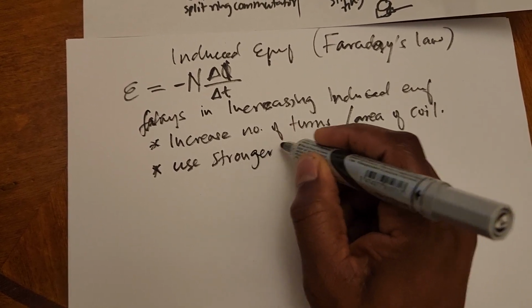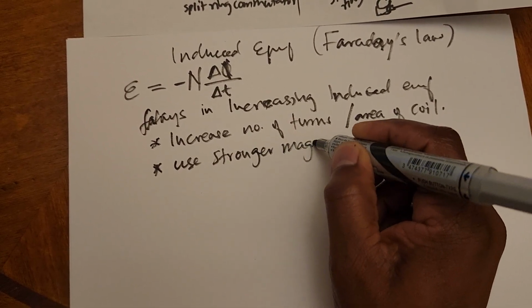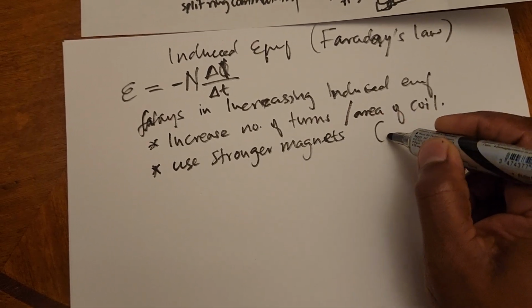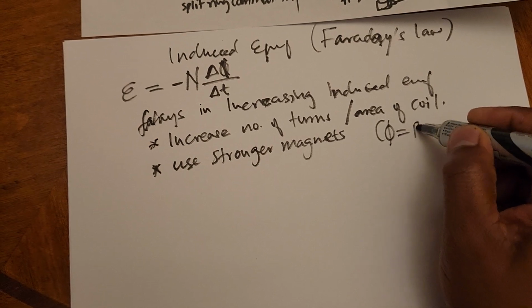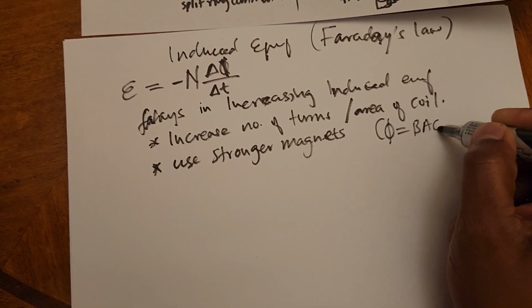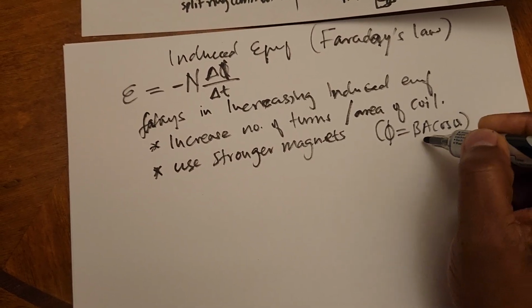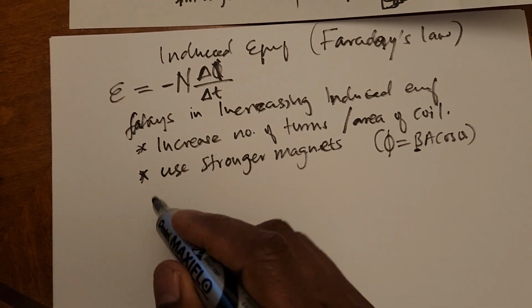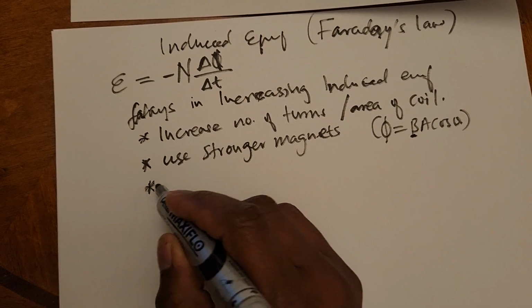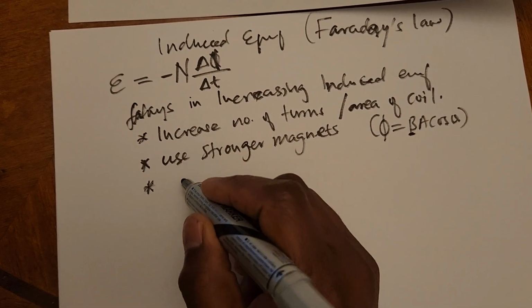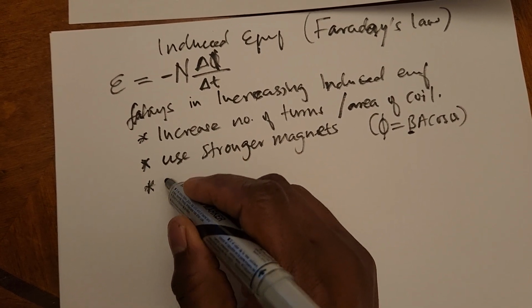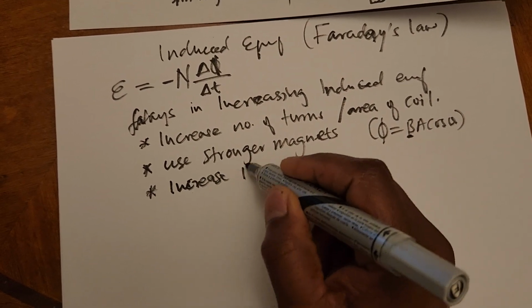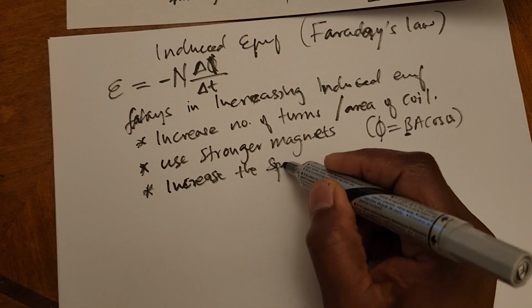Use stronger magnets. And now we know from this, phi equals B A cos theta. Therefore, if we use stronger magnets, we'll have a stronger field. Therefore, the EMF also will be affected. And then the last one is to increase the speed of rotation.